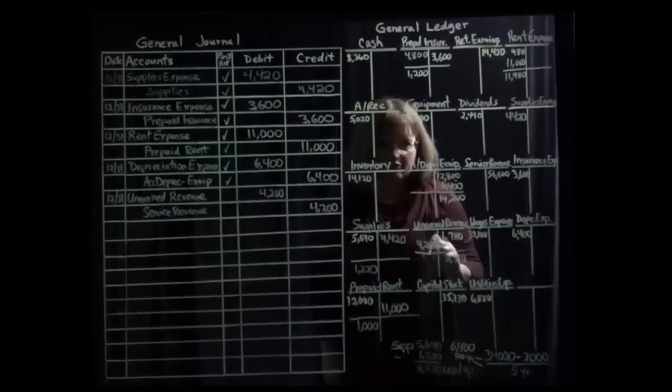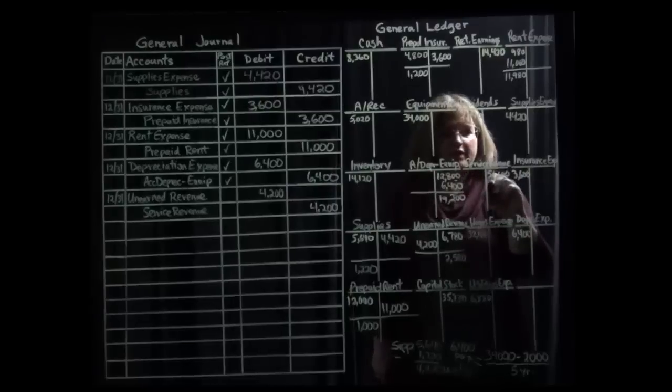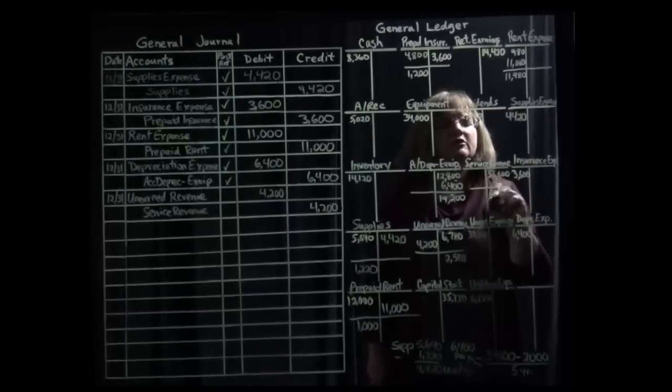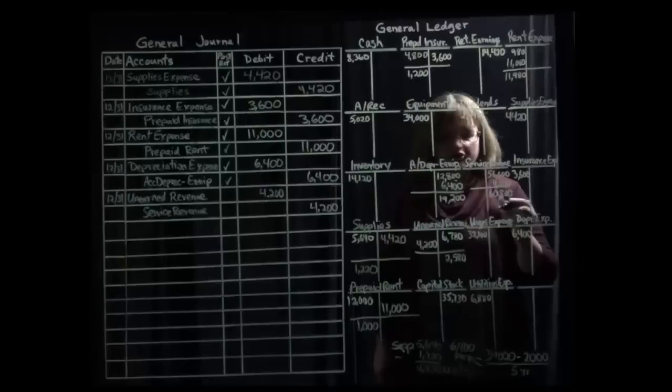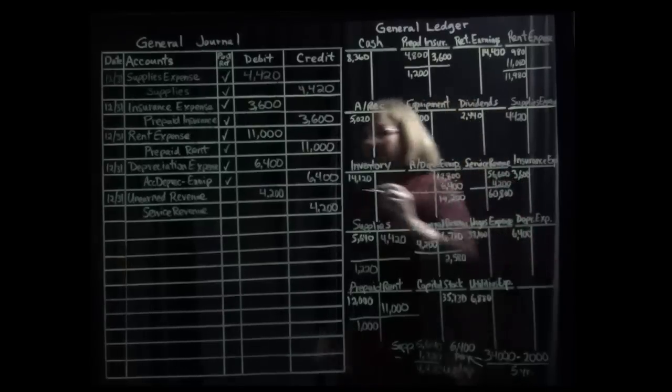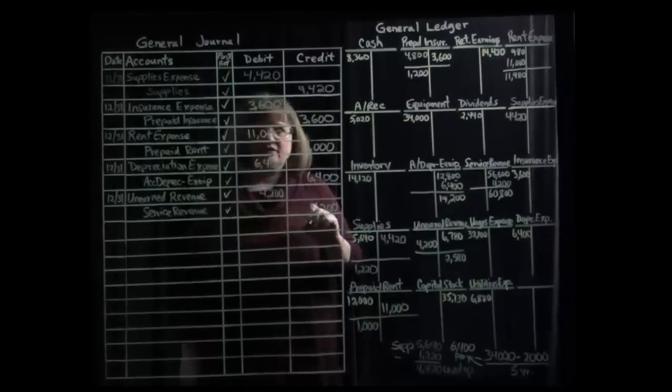So that's a better reflection of our reality. And then we're going to credit the revenue account for $4,200. That will bring our overall revenue for the year to $60,800. Again, better reflecting what has actually occurred in this company. And so we check mark to indicate that we posted both sides of that entry.